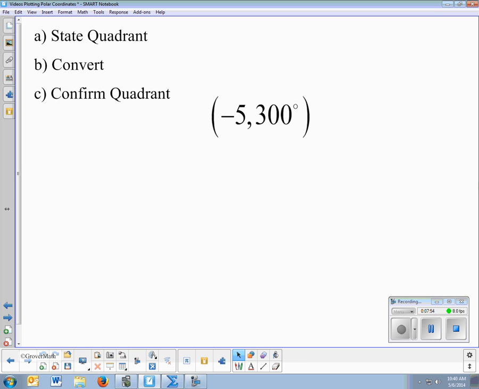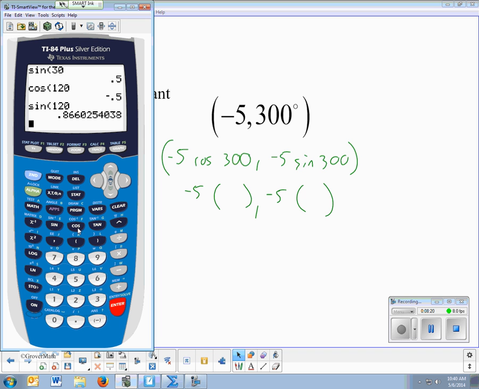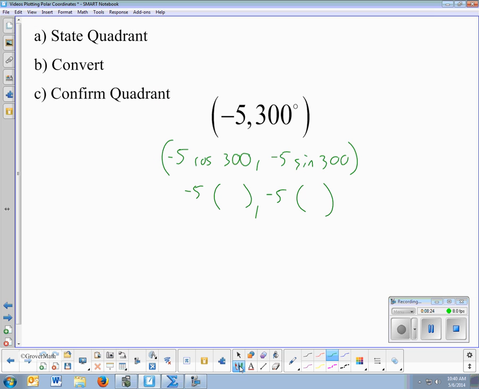Example number 3. Negative 5 cos 300 and negative 5 sine 300. It's going to be negative 5 times whatever cos 300 is and negative 5 times whatever sine 300 is. So let me find out those values. Cos 300 is a half.